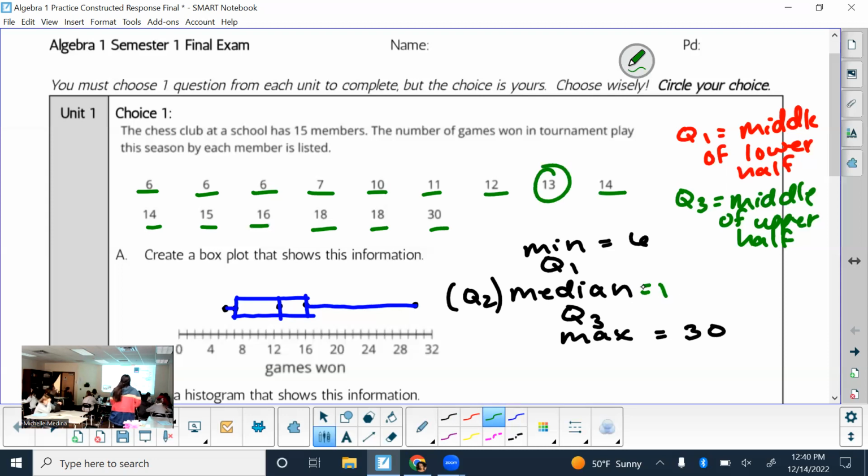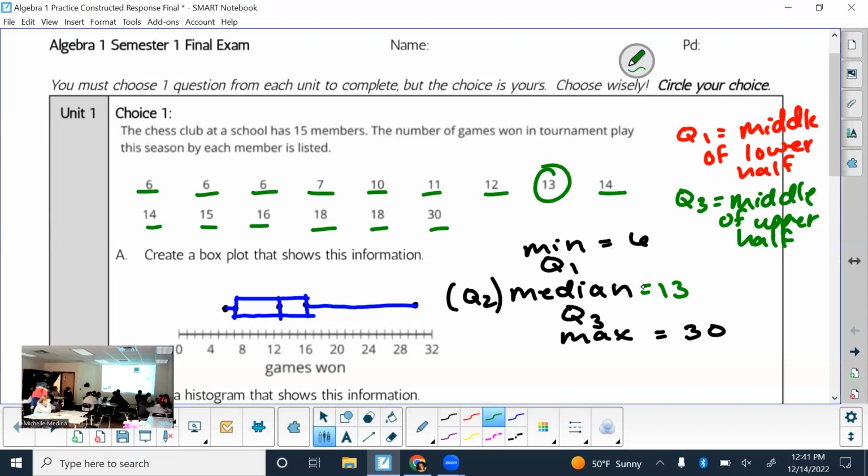What do you do when there's 2 numbers in the middle? Add and then divide by 2. What's that process called? Getting the average of them, or the mean of them. But just 1 in this one because it's an odd number of data points.